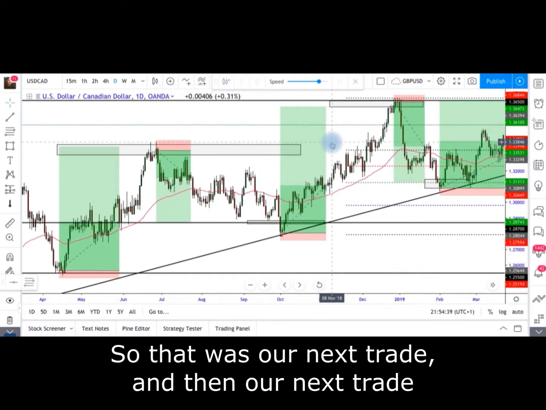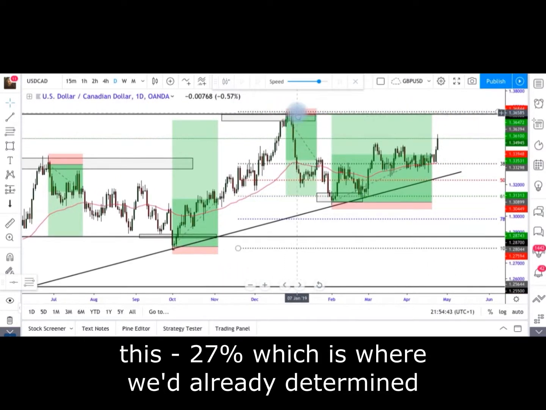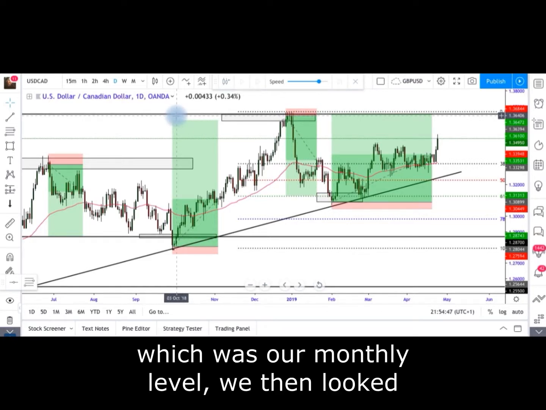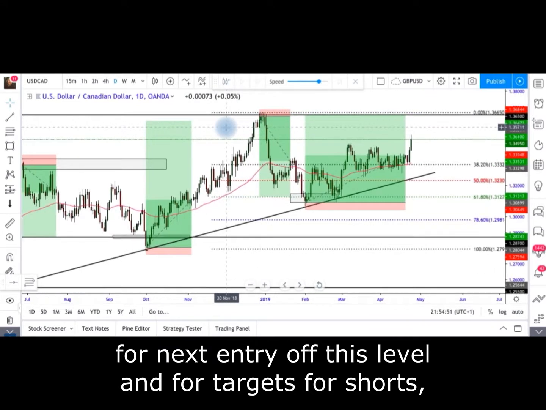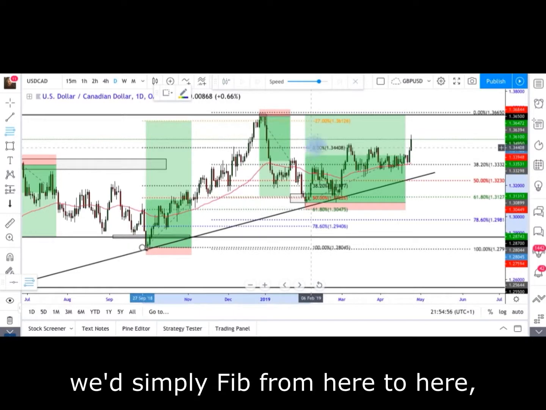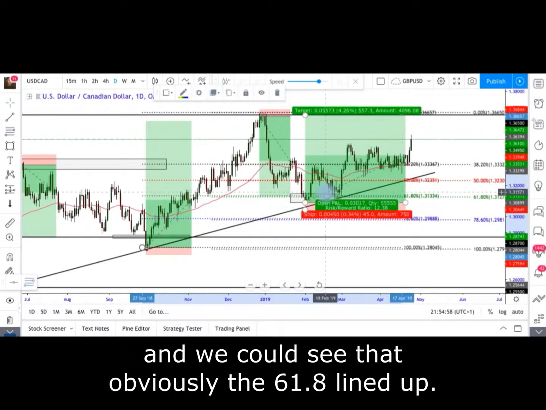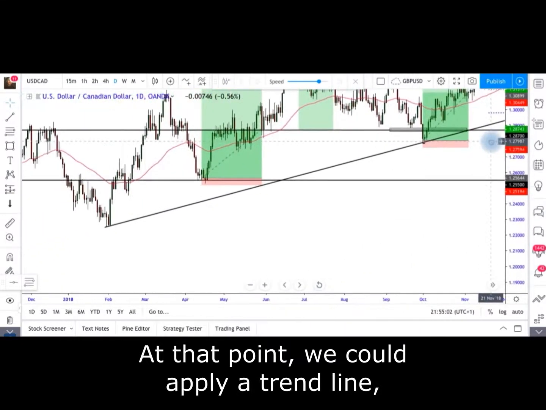So that was our next trade, and then our next trade after that was basically when we approached this minus 27%, which is where we'd already determined, which was our monthly level. We then looked for our next entry off this level, and for targets for shorts, we'd simply fib from here to here, and we could see that obviously the 61.8 lined up. At that point, we could apply our trend line.